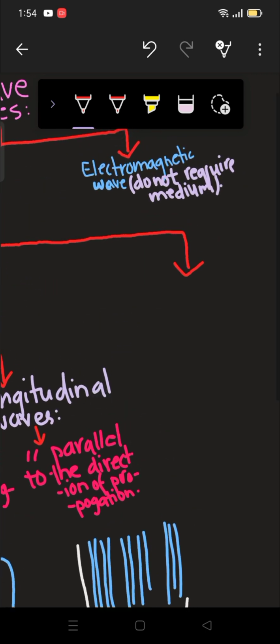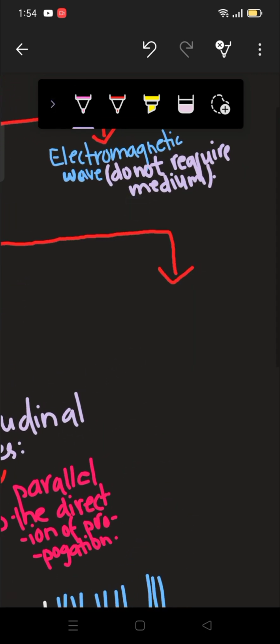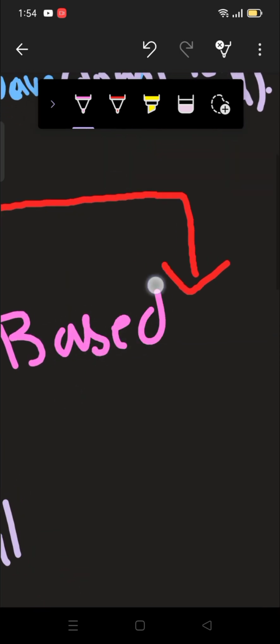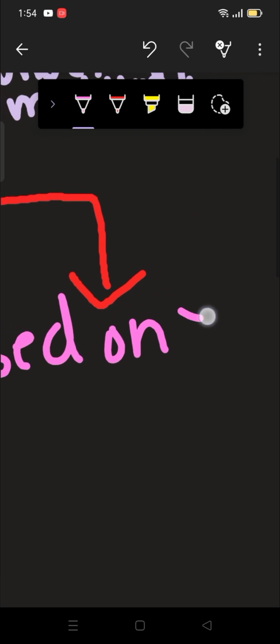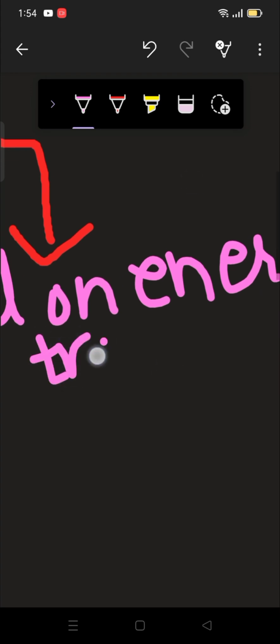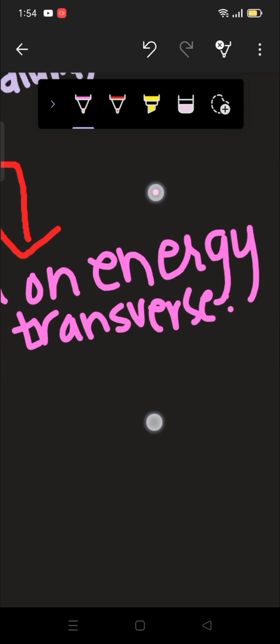So this is based on the energy transfers. It is based on energy transfers.